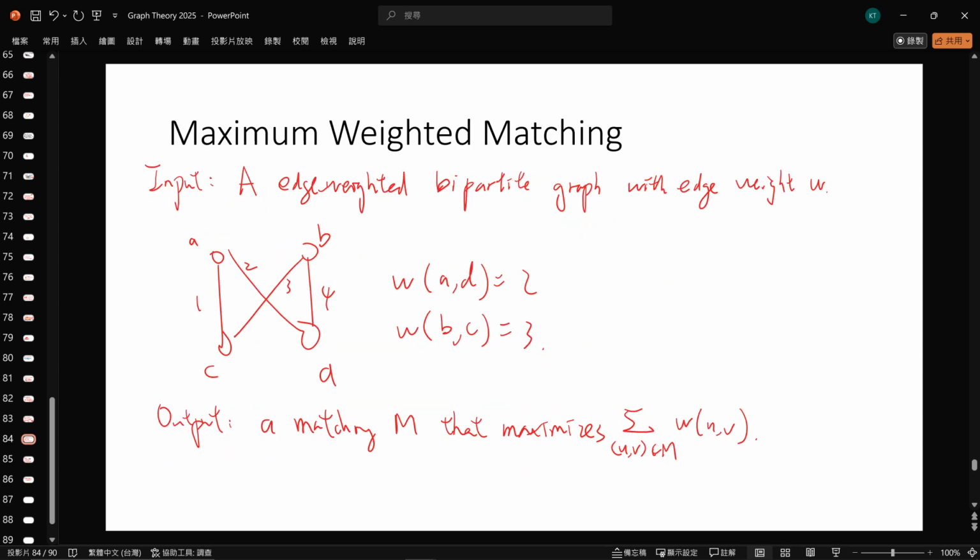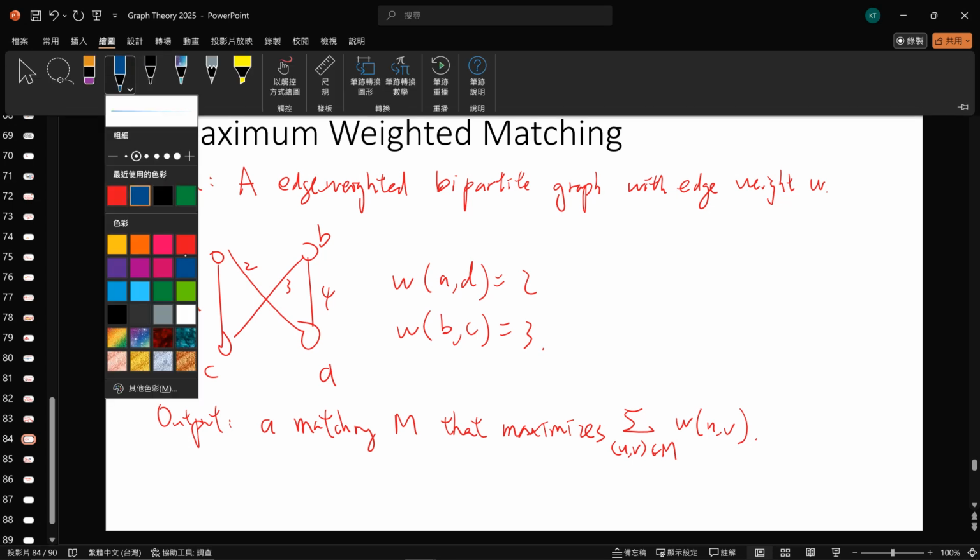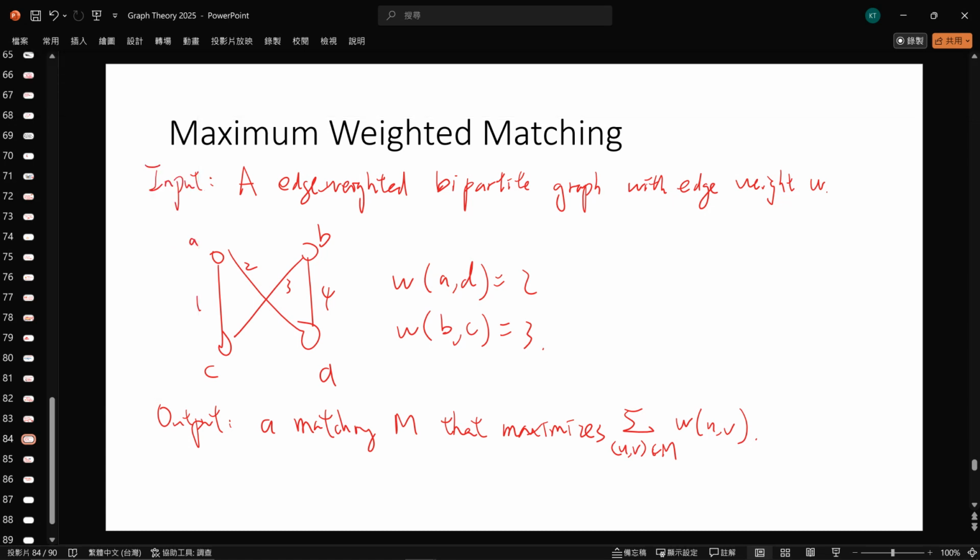In this case, we can have a weighted vertex cover like this.